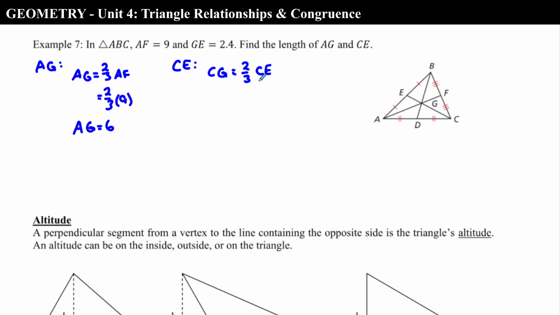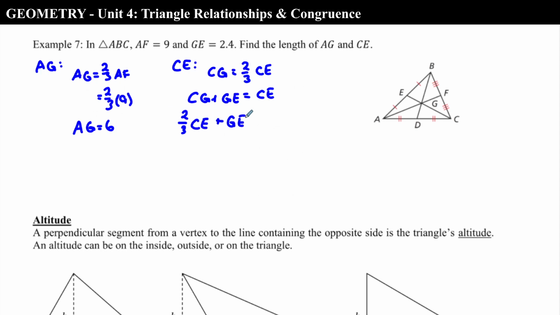So now let's state this. We also can say that CG plus GE is the whole thing. CG plus GE is CE. Let's take this statement that we have for CG and plug it in here. 2/3 of CE is CG.